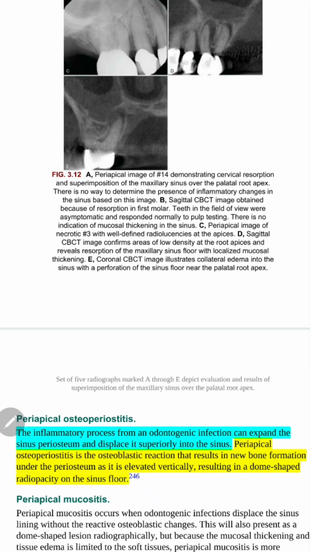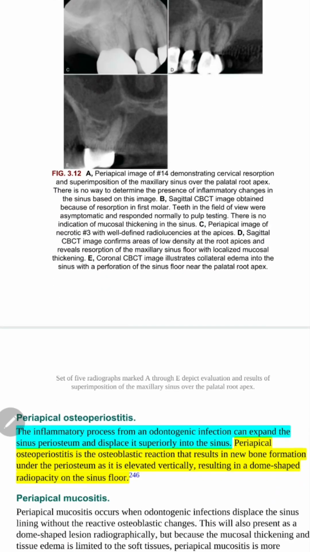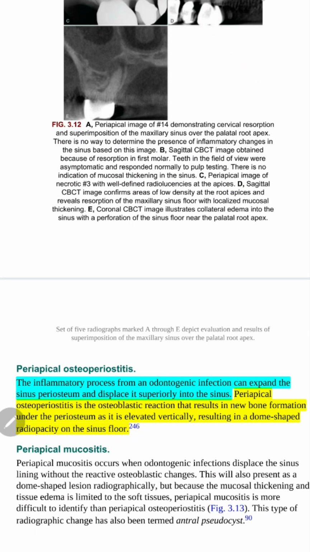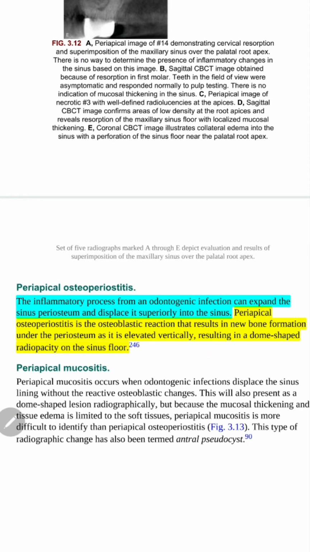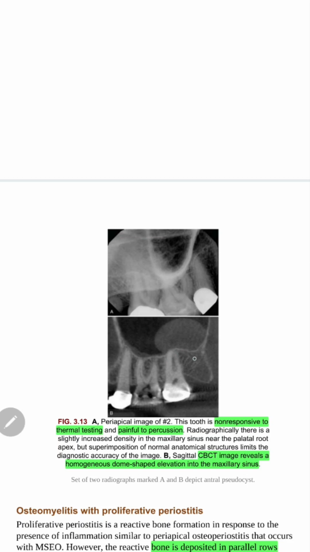The sinus can react by triggering the osteoblastic cells and making a bony barrier, or it can be displaced superiorly into the sinus and look dome shaped. Like in this case, we can see the elevation of the sinus floor due to the inflammation of the root canal.